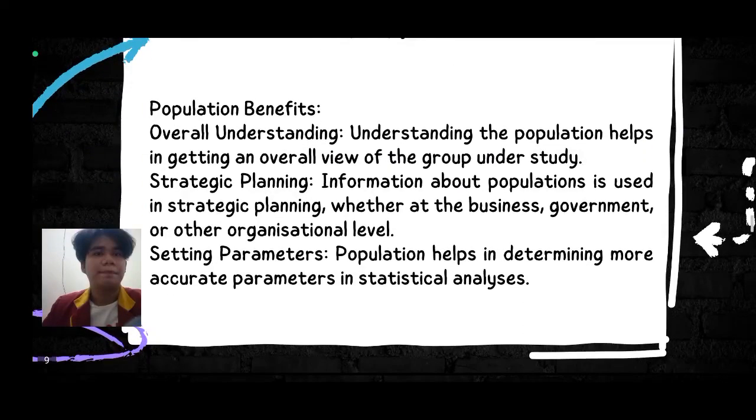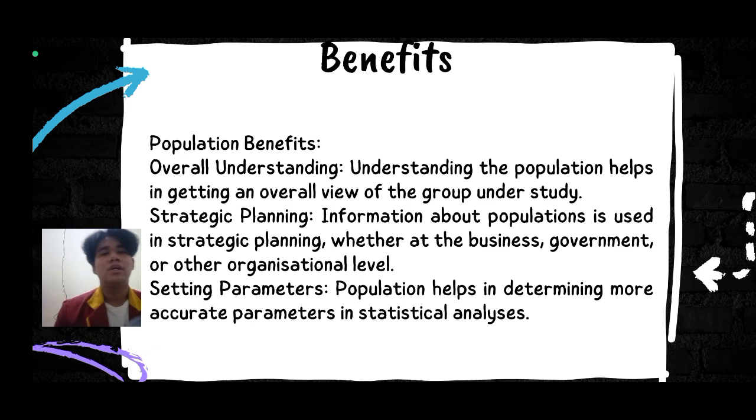Population benefits. Overall understanding: the population helps in getting an overall view of the group under study. Strategic planning. Information about the population is used in strategic planning, whether at the business, government, or other organization level.